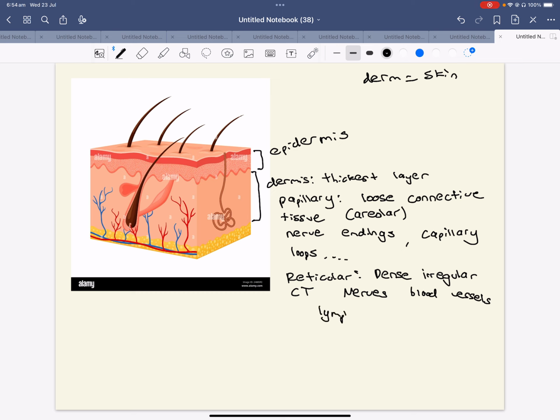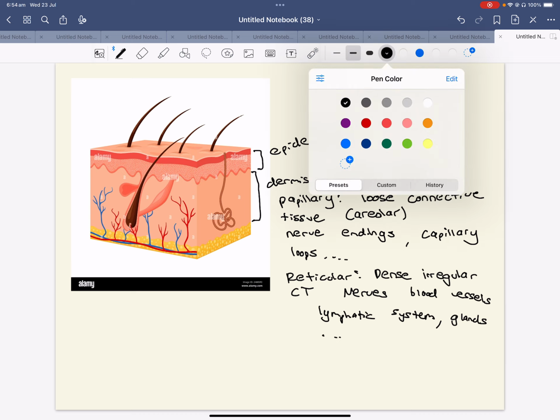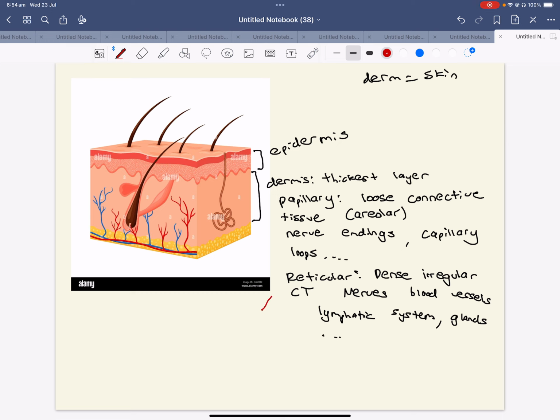It houses the lymphatic system in there, the lymphatic vessels, glands, etc. Okay? Now, of these two layers, the reticular is the thickest. Okay?